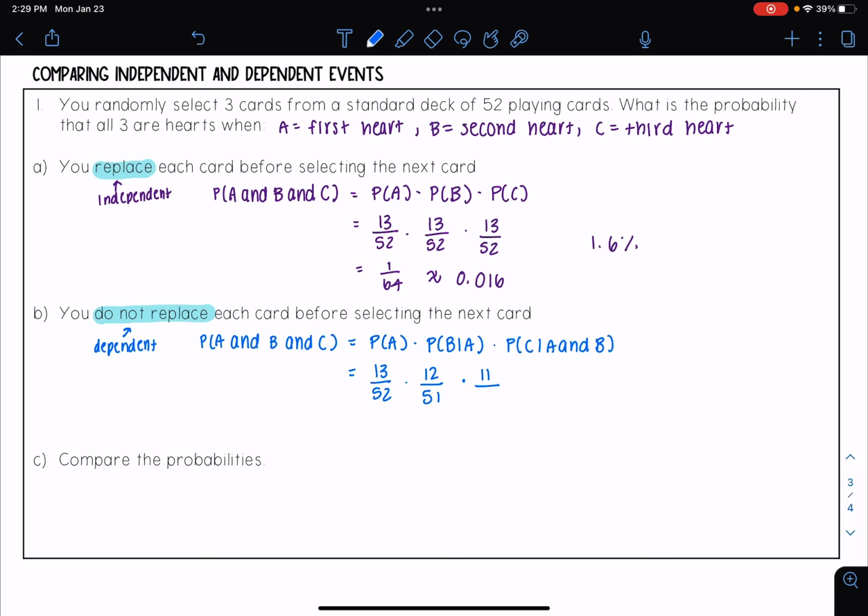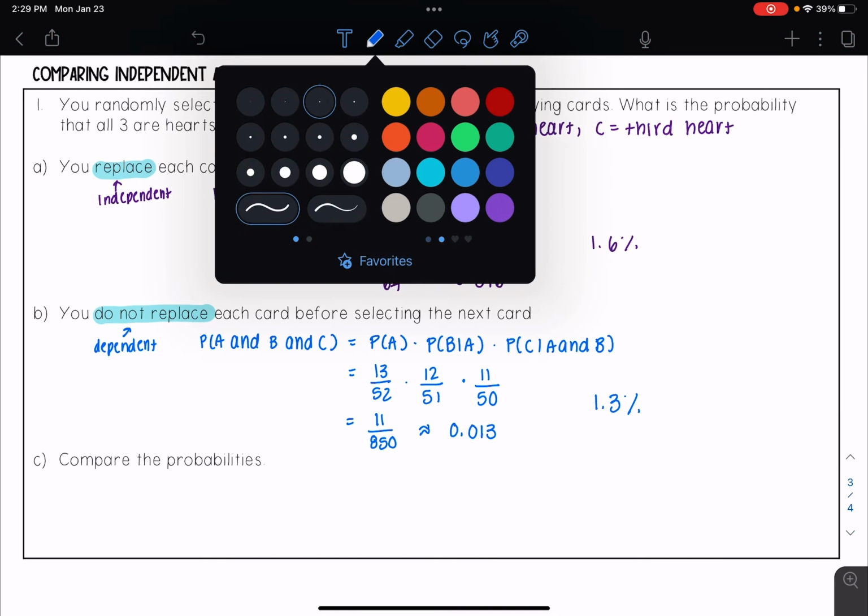And since I've already chosen 2 cards, that means there's only 50 cards left to choose from. And so when you multiply that and simplify that fraction, you should get 11 over 850, which is approximately 0.013. That means you have a 1.3% chance.